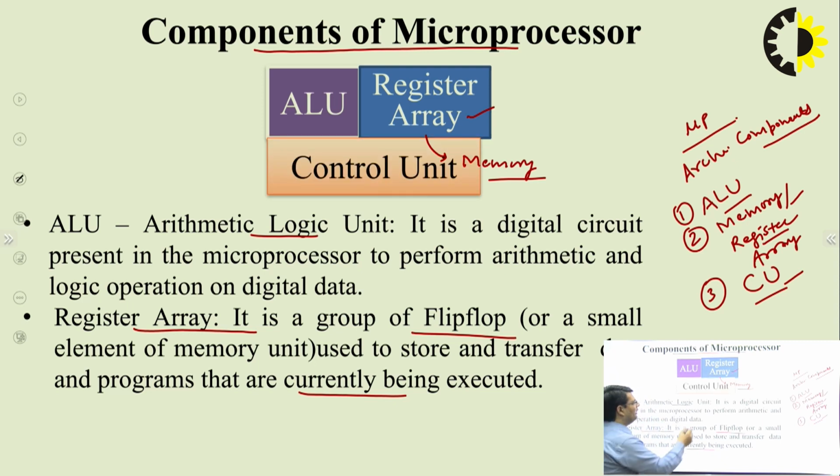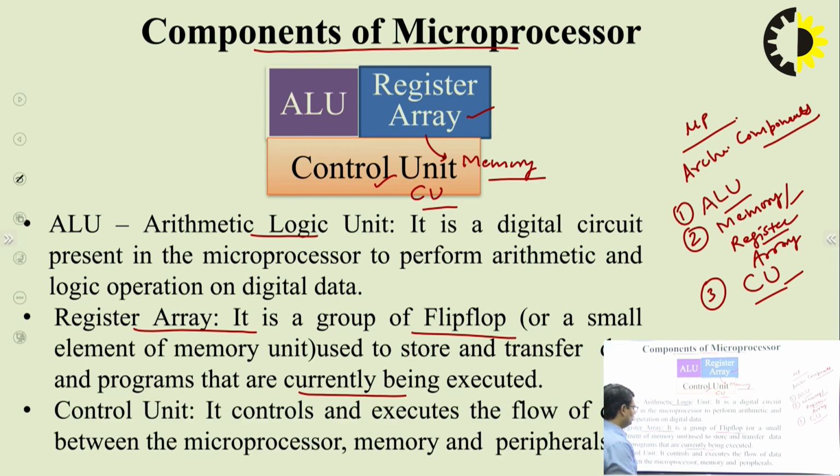Then finally we have the control unit, CU. In the microprocessor, all the controlling of the operation is performed under the control of this control unit. This control unit is generally used for controlling the memory and attached peripherals. It also controls the direction of data flow.